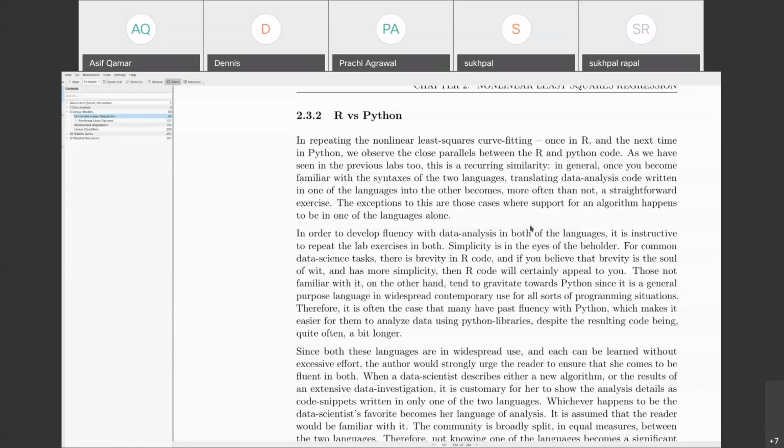Therefore, it is often the case that many have past fluency with Python, which makes it easier for them to analyze data using Python libraries, despite the resulting code being quite often a bit longer. You guys saw that, right? Python code tends to be a little bit more verbose, a bit longer. R code, once you master it, is almost exemplary in how brief it is and how much it achieves in just a couple of statements.